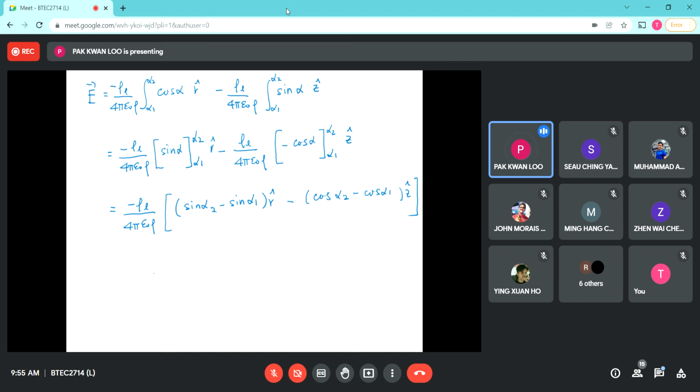Okay. So basically we have obtained the expression for the electric field for the finite line charge.